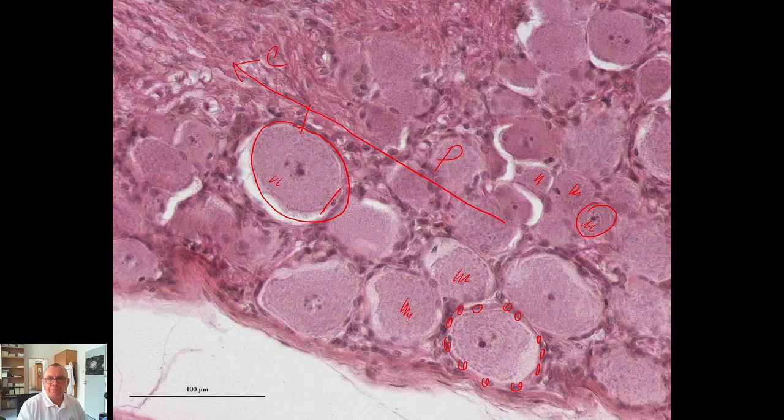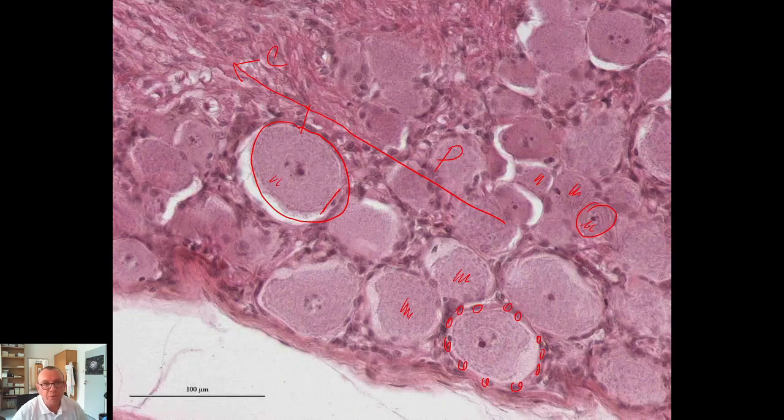The layer of satellite cells here in the spinal ganglion is almost continuous because the neuron has got only one process, so it isn't interrupted by many processes like in the vegetative ganglion where neurons are multipolar.